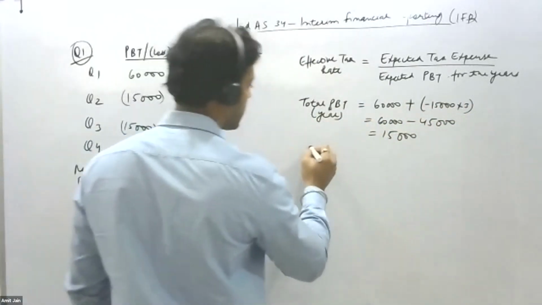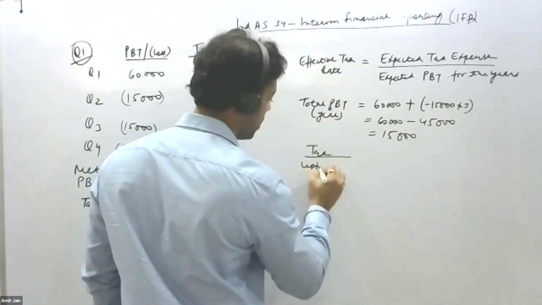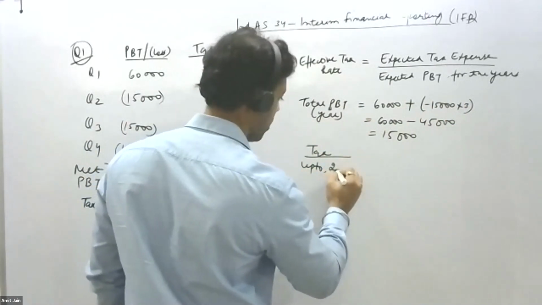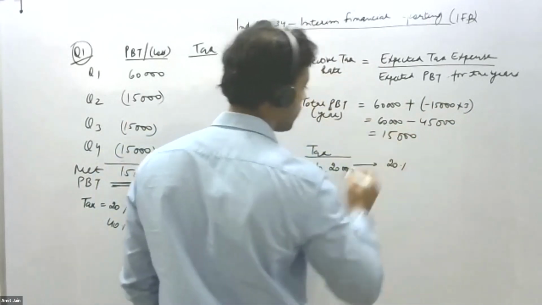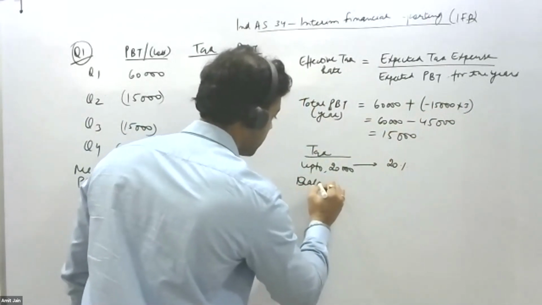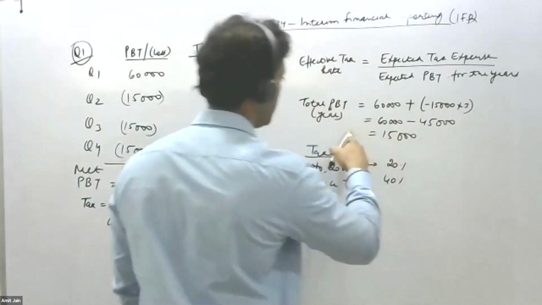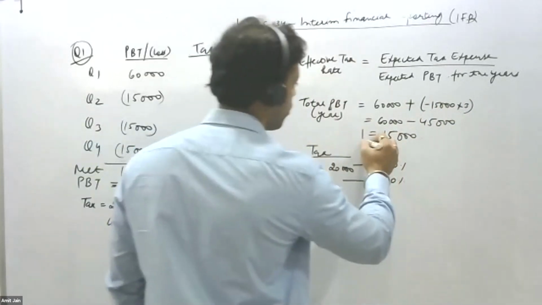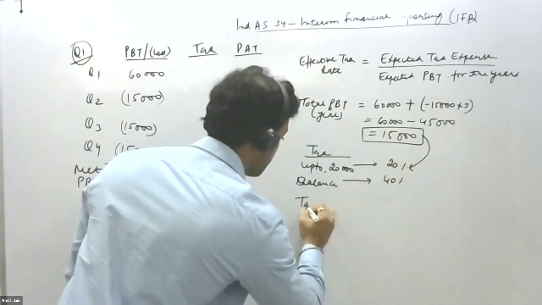And what is the tax? Up to 20,000, the tax rate is 20%, and on the balance it will be 40%. In this case the amount is 15,000 only, so I will apply 20%. What is the tax expense?